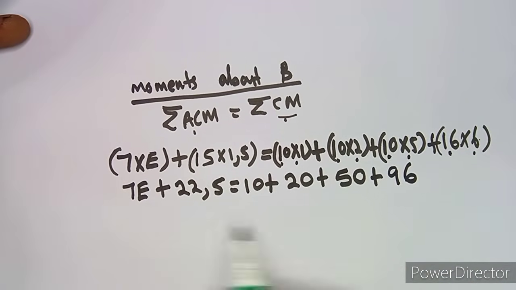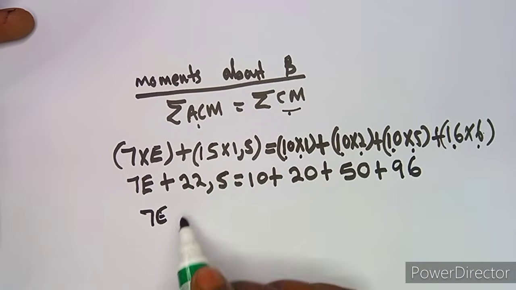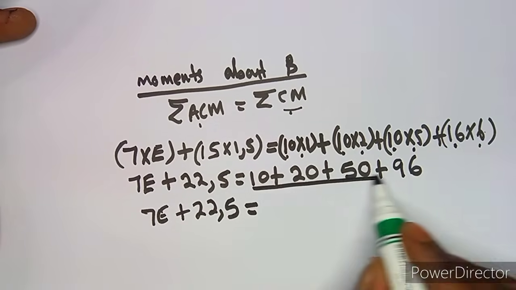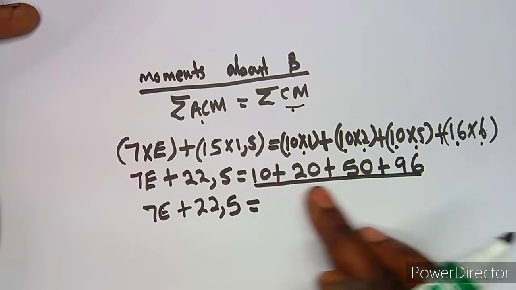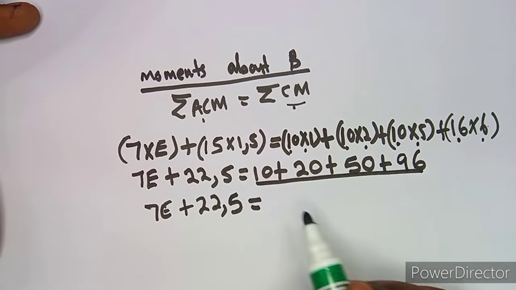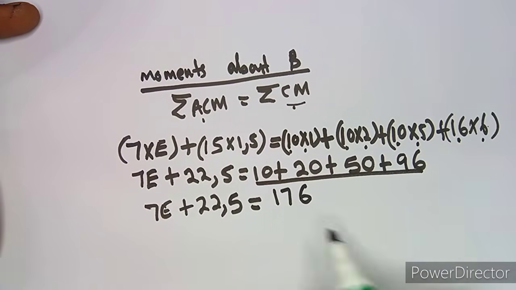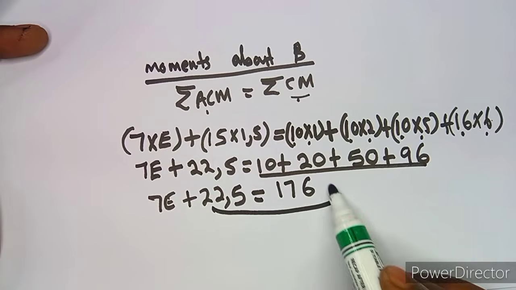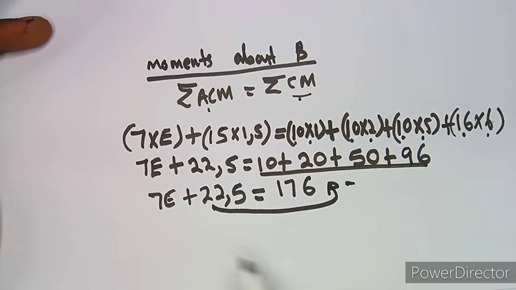All right, so I'm just going to combine these so that we don't mislead others. So let's just combine these at once. Okay, so if you add this from your calculator, you're going to obtain a total of 176, if I'm not mistaken there.